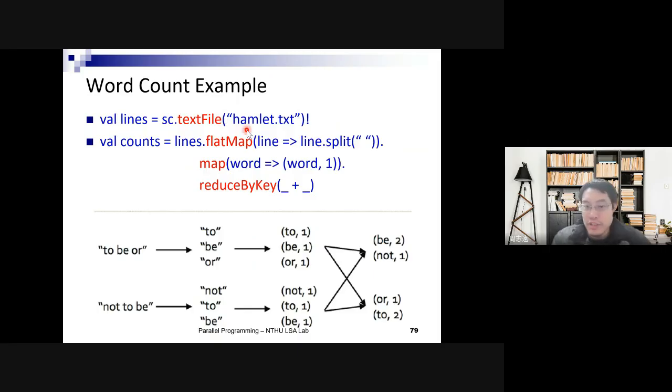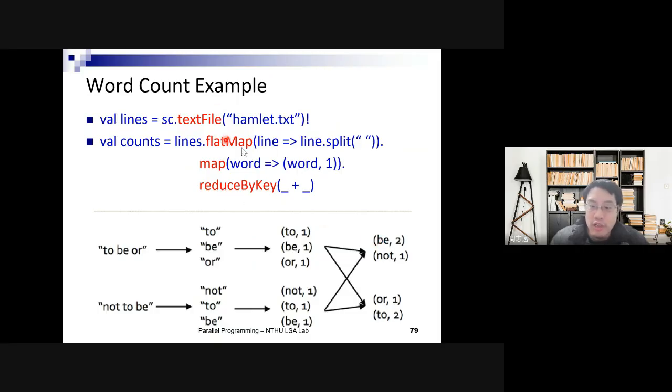Because it's immutable, we don't need to do versioning. We don't need to remember what data is manipulated over time. All we need is to remember the transformation function that generates the data set.